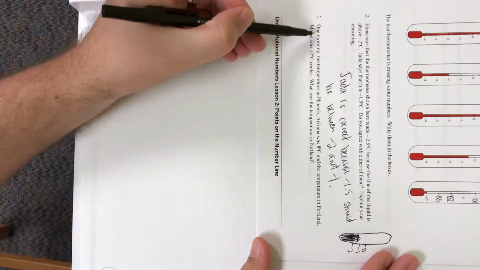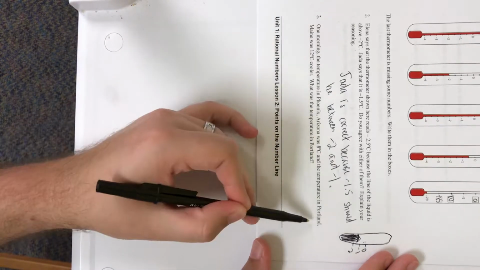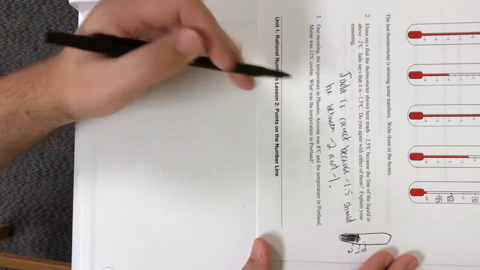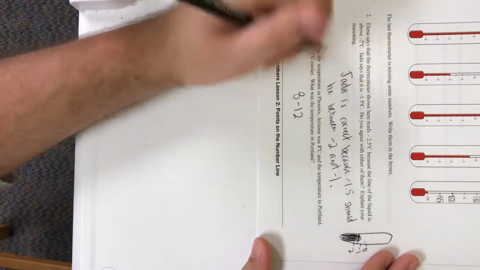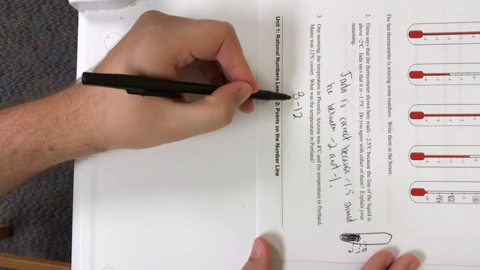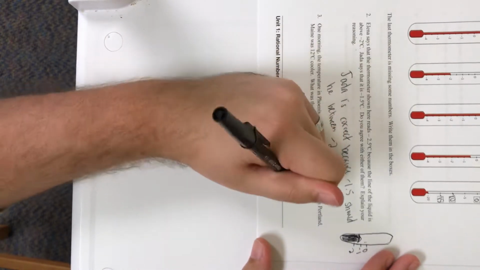The last question for this activity is, one morning the temperature in Phoenix, Arizona was 8 degrees Celsius, and the temperature in Portland, Maine was 12 degrees cooler. For this problem, I'm going to write 8 minus 12, which we talked about yesterday. We talked about what this would be if we know that 12 minus 8 is 4.